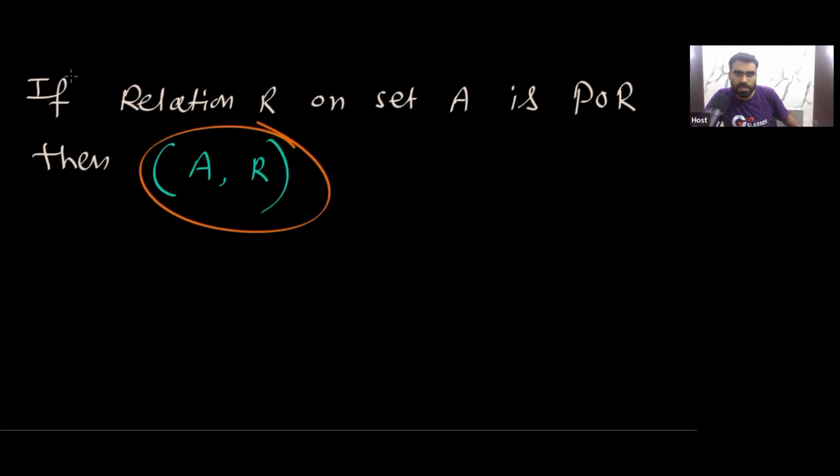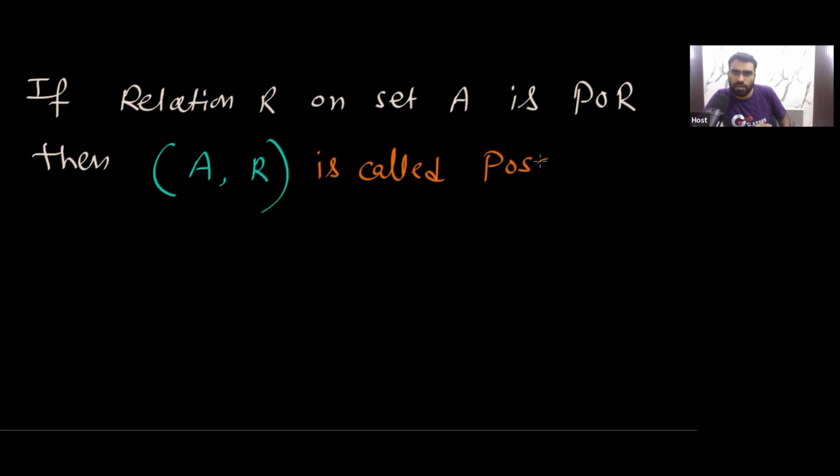Then this pair is called a POSET. POSET means partially ordered set.